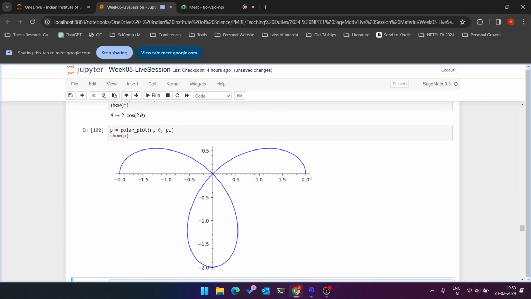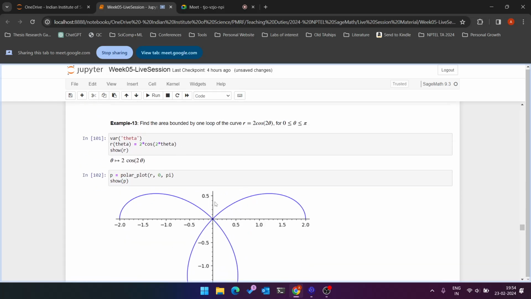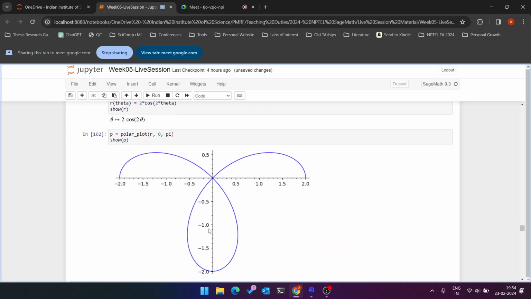So this is theta equals 0, theta equals pi by 4, theta equals pi by 2. Then the curve moves like this to theta equals 3 pi by 4, and finally theta equaling pi. So it moves like this. This is a polar plot, and we are asked to calculate the area bounded by this loop.